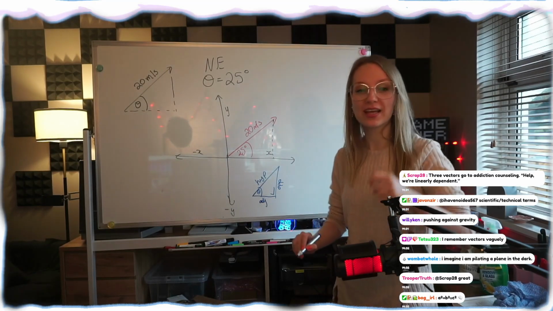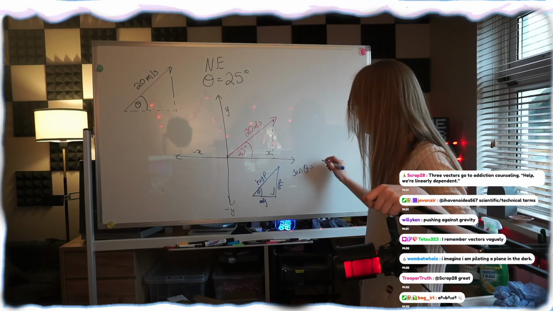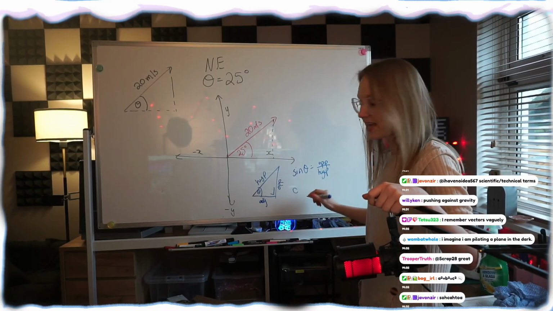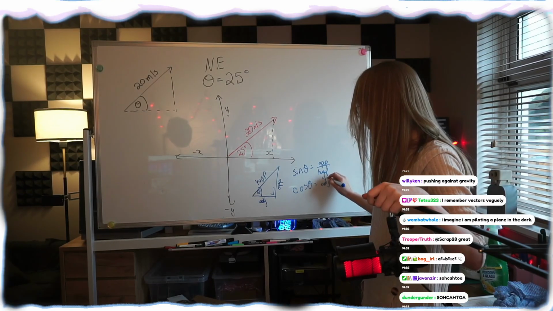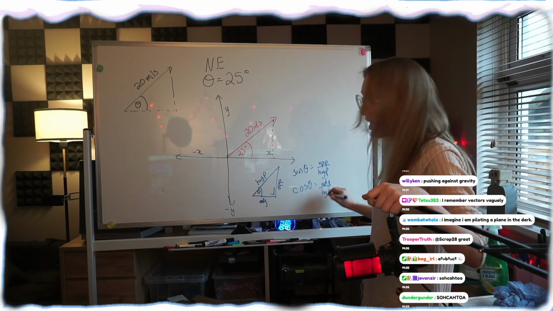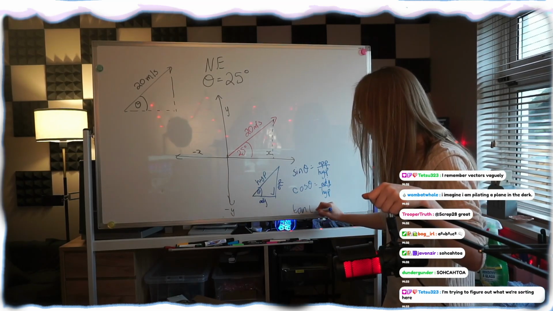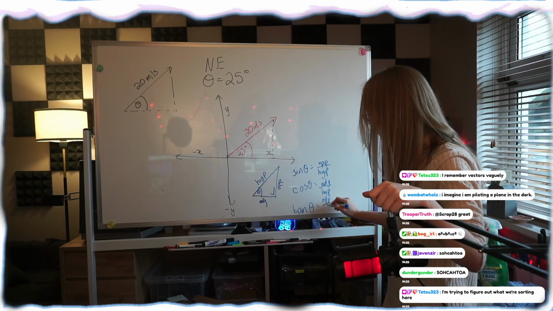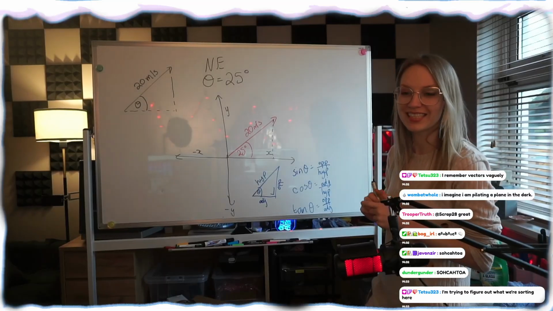So if you remember your sine, cos, and tan, sine of theta is opposite over hypotenuse. Cos of theta is adjacent over hypotenuse, and tan of theta is opposite over adjacent.